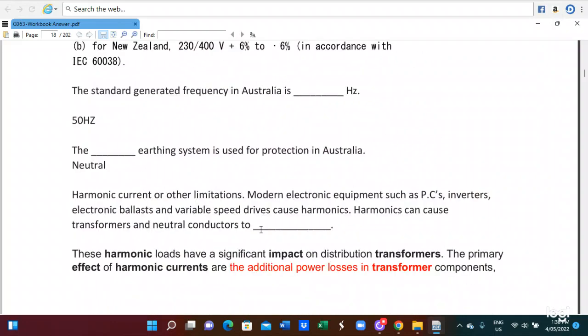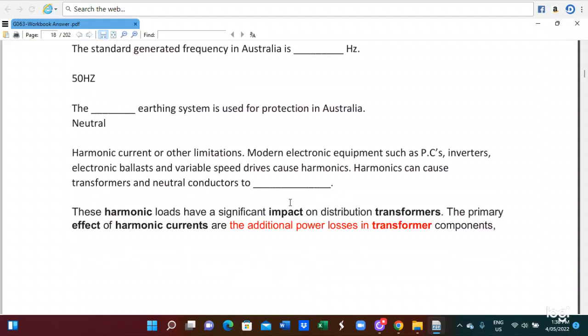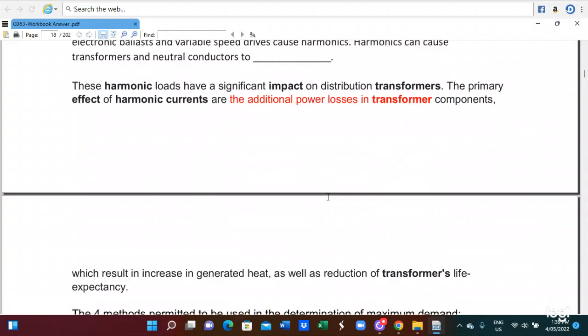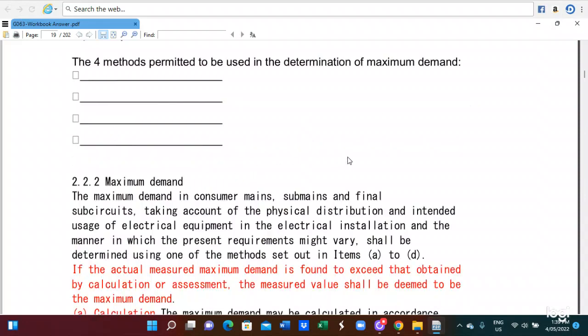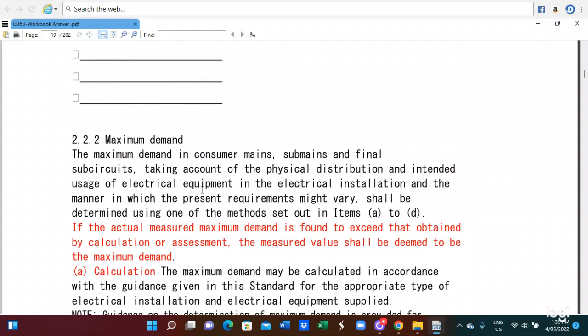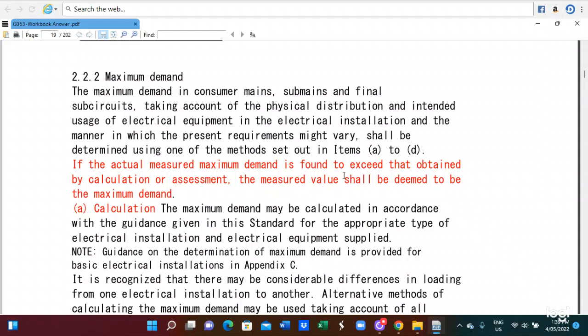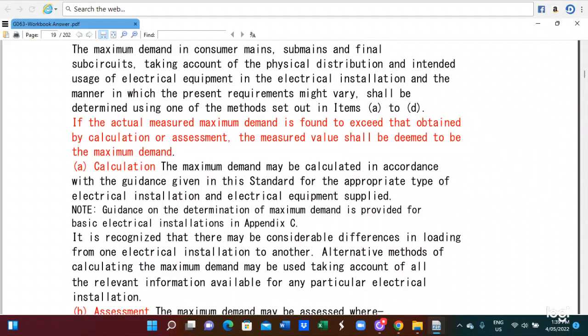Also, this is the definition of harmonic current production, harmonic load information, to be used for the determination of the maximum demand. So this is for the accurate measurement of maximum demand found to exceed the calculation or assessment. The measured value shall be deemed to be the maximum demand. So this is for the maximum demand calculation.